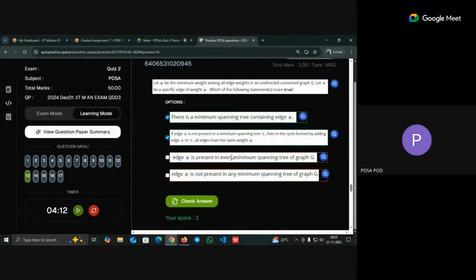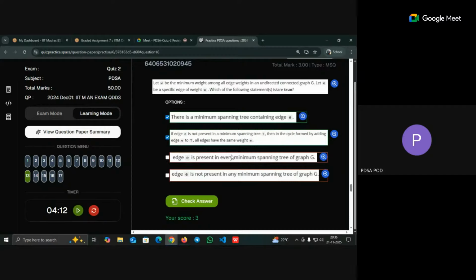Now what you are doing is you are adding the edge E. E is your BC, so now you are adding E to the minimum spanning tree. So you get again the same triangle, right? But in this triangle, this is also a cycle that is forming in your minimum spanning tree. Your minimum spanning tree was only AB and AC. Now BC is being added, so this is forming a cycle.